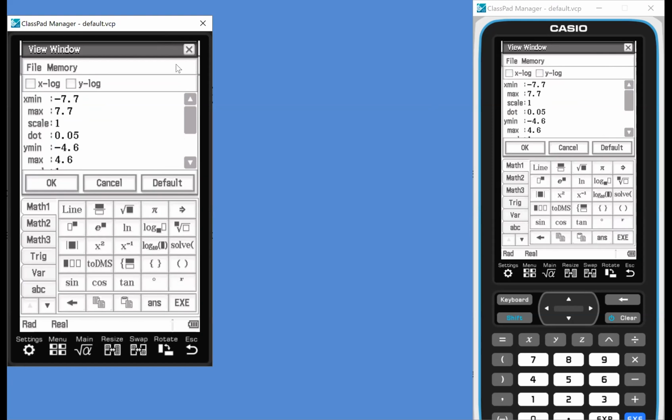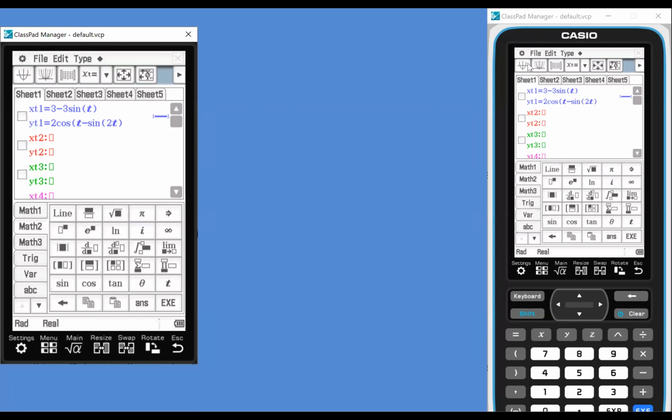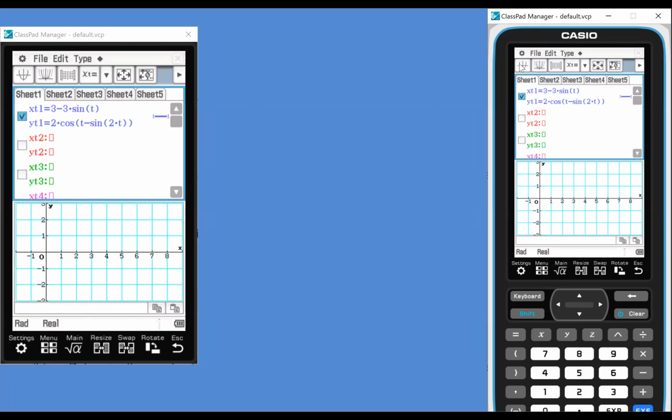From the original question, let's change this from, say, -2 to 9, and I'm going to go -3 to 3, and let's go ahead and graph that.